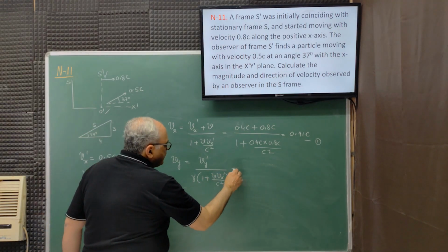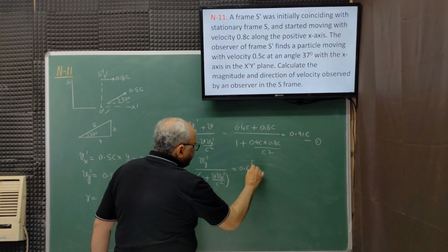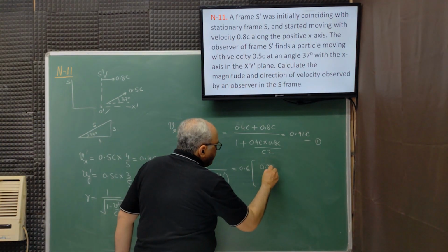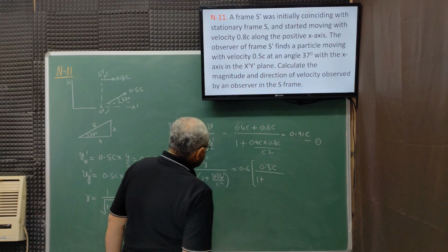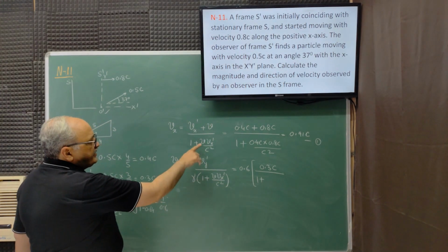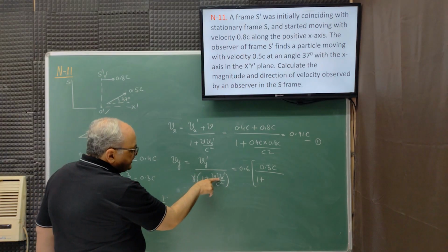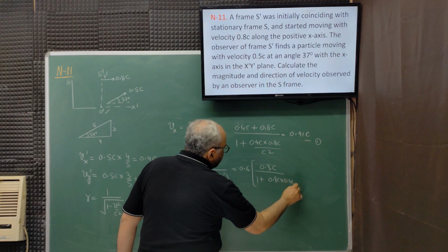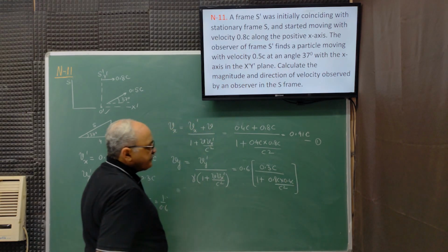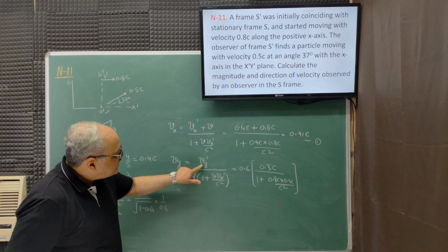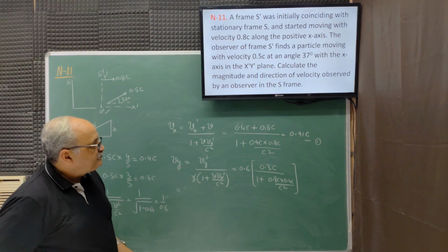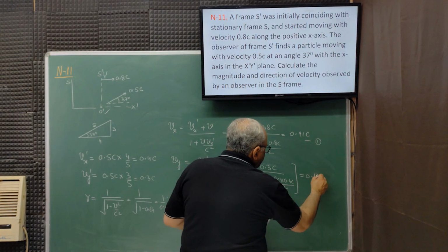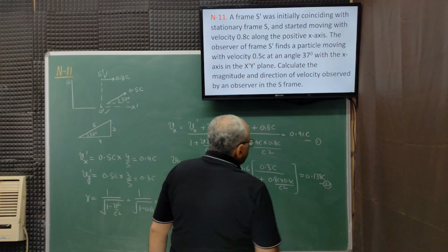This will be equal to, 0.6 coming in the numerator, and then we have vy dash, which is 0.3c, divided by 1 plus, rest is the vx component. Please keep this in mind: this is the x dash component, so this is going to be 0.8c multiplied by 0.4c divided by c square. This is vx dash and this is vy dash, so be careful. If you solve it, this comes out to be 0.138c, equation number 2.